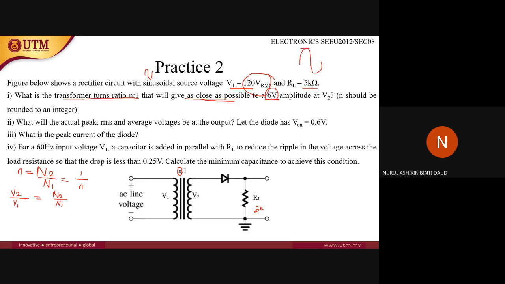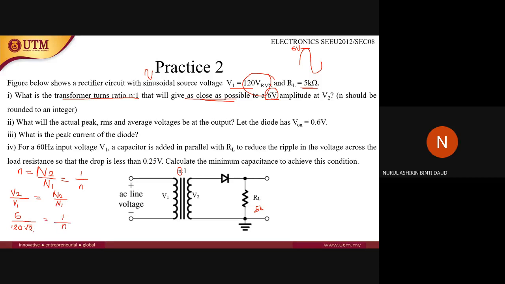So 6 over V1, the value is 120, but this is VRMS, right? So 6, 120 times square root 2. Okay, square root 2. So you will get the answer 1 over N. So now here you can find the value of N, right?